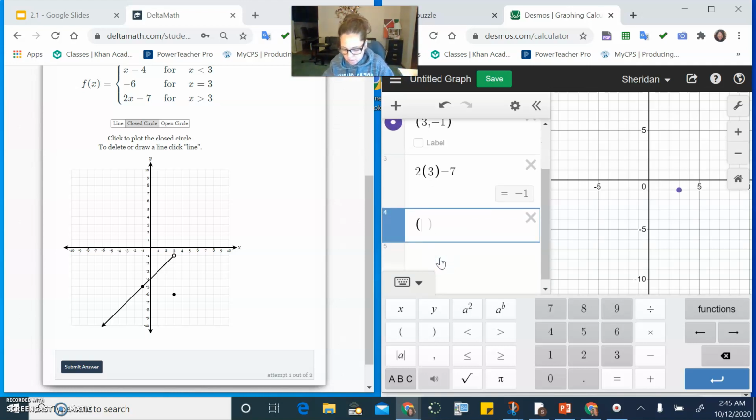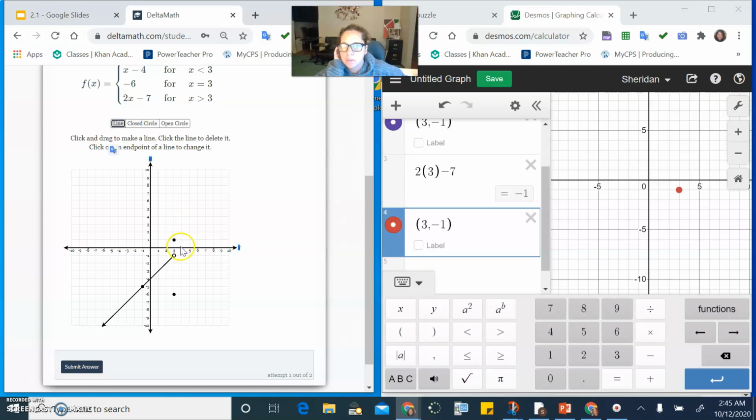So that point is 3, -1. Oh, look how cute it is. And then it has a slope of 2. So up 2, oh, I need a line. Here, up 2 over 1, up 2 over 1, and forever there, and open there.